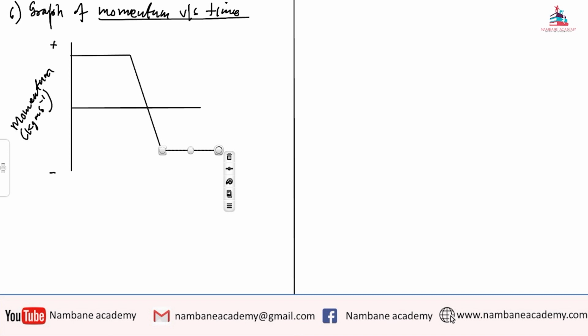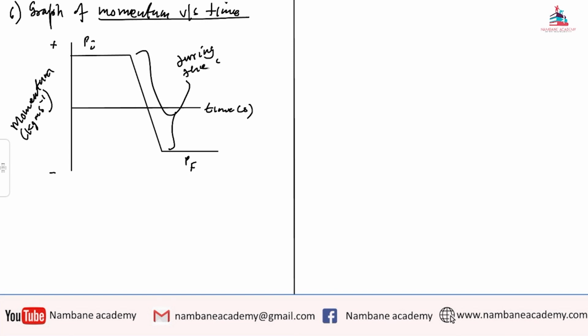So they look like they are the same. However, this is now momentum versus time in seconds. Why? Because this is P initial and this is P final, and this section here, ladies and gentlemen, is during the collision.